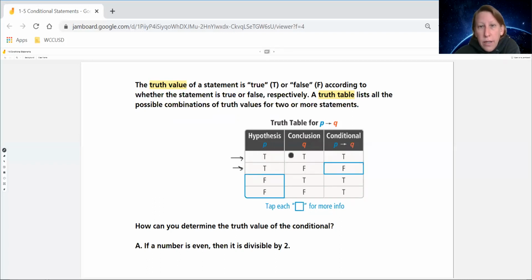If it's raining, then I need an umbrella. Is that true? Is it always true? I don't know. If it's raining, is it possible there's a situation where I don't need an umbrella? Maybe it's raining and I'm not going anywhere, so I'm not going to need an umbrella.